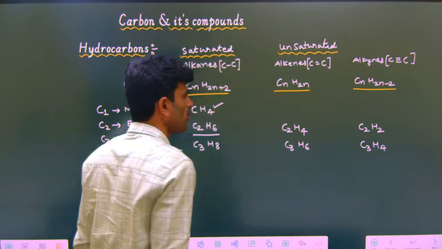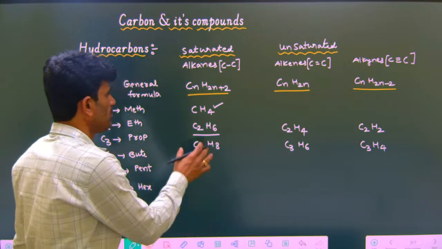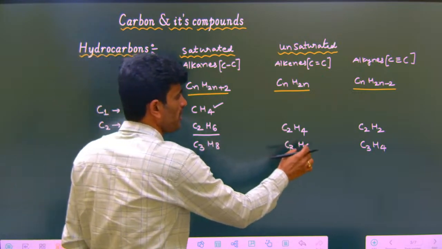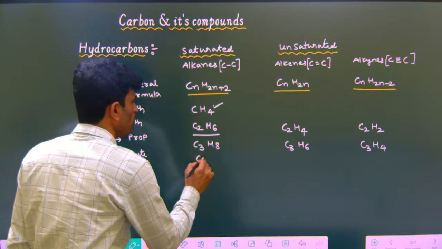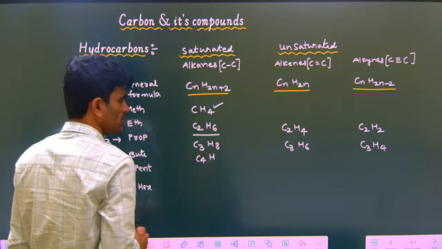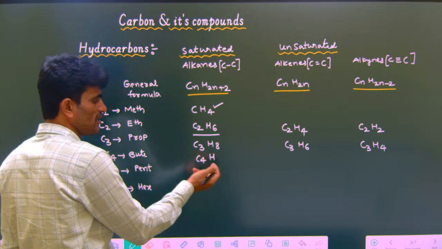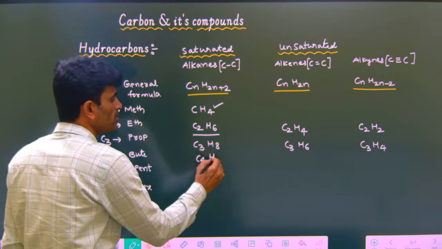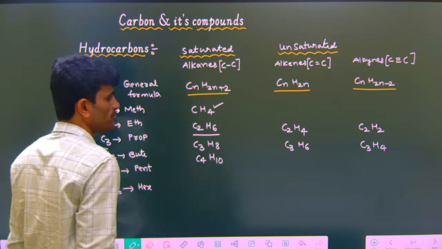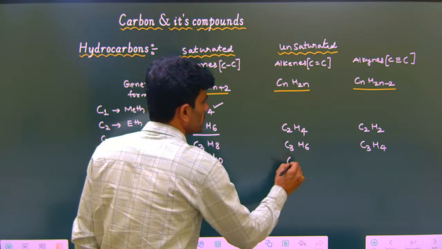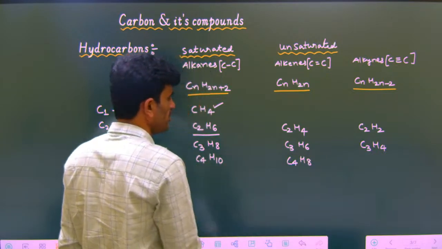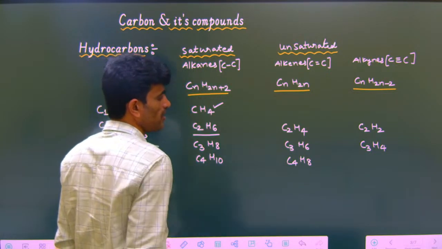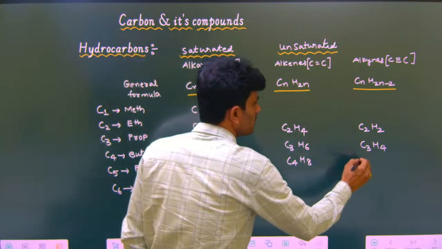Propane, propene, propyne. Similarly for butane, C4, double is 8, 2 more you should add, so C4H10. Then butene, C4 exactly double, so C4H8. Butane, butene, next butyne.